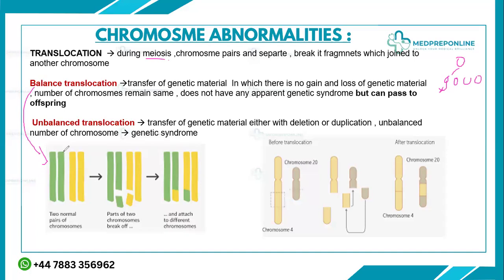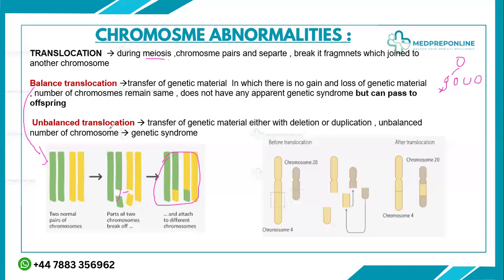You can see two pairs of chromosomes here. A fragment of each is broken and they get reattached to one another, but the genetic material does not change. There is no loss or gain, so they do not appear as any syndrome. This is known as balanced translocation.